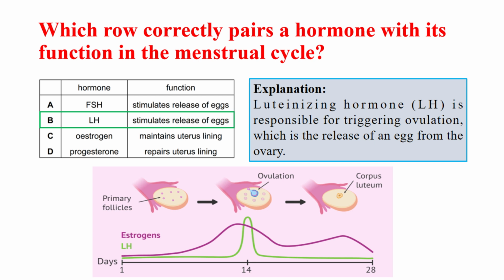Estrogen is responsible for building up and maintaining the lining of the uterus during the first half of the cycle, not just maintaining it. And progesterone? It helps to prepare and maintain the uterine lining for implantation, rather than repairing it. So, remember, LH is your hormone for releasing eggs.